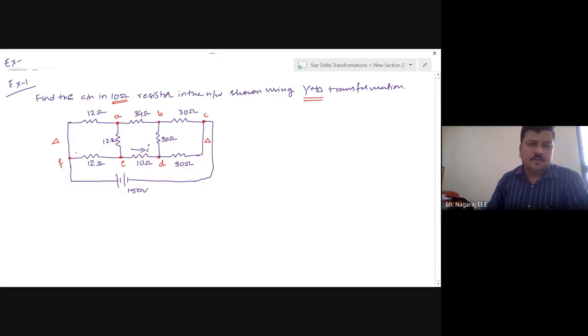Now you can observe F, these two terminals are the same. It means I have a delta connected network of 12 ohm, 12 ohm, 12 ohm. Equivalently, I can get a star. It is RF. Let me take this as RA and this as RE. Then here I have a delta connection, from which I will get a star.